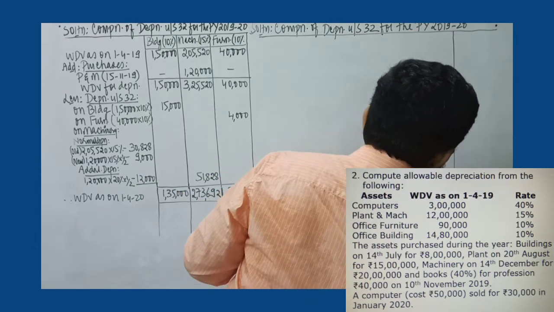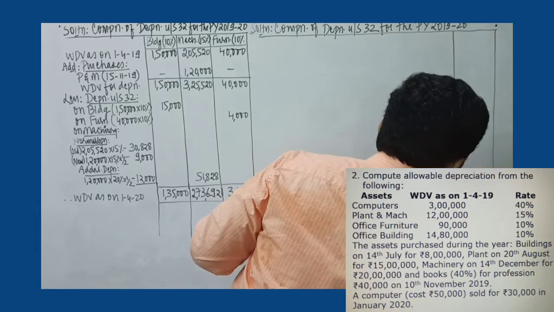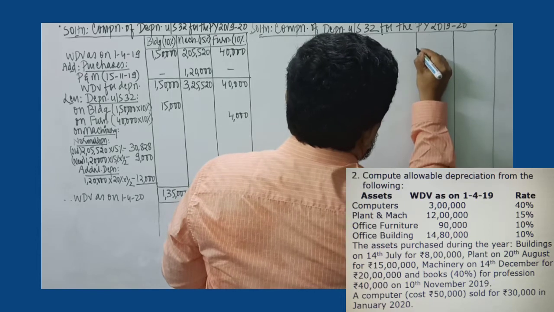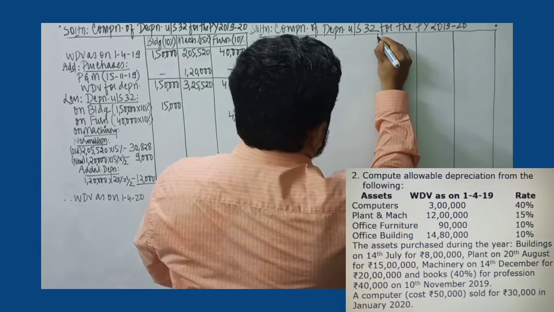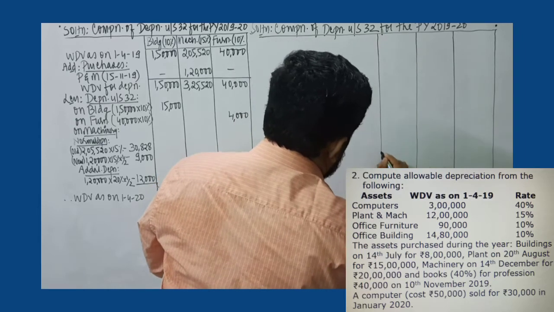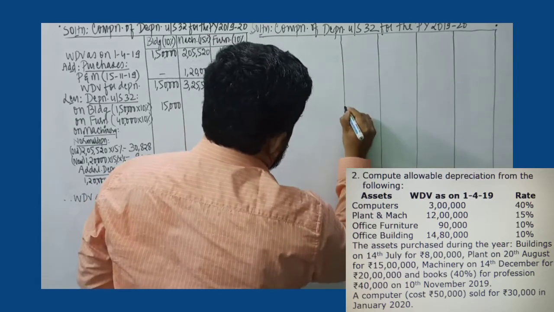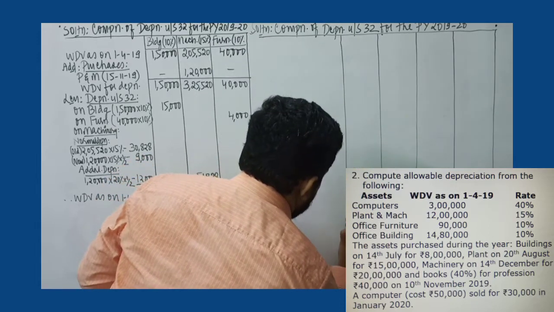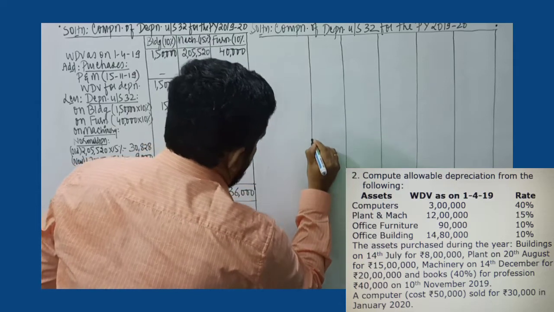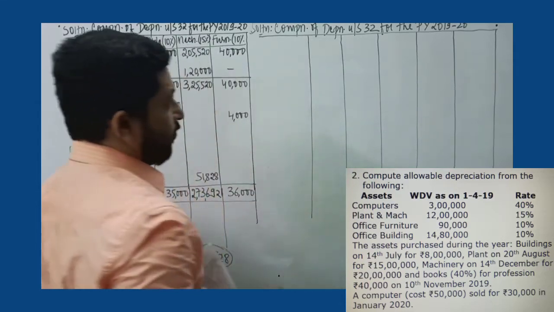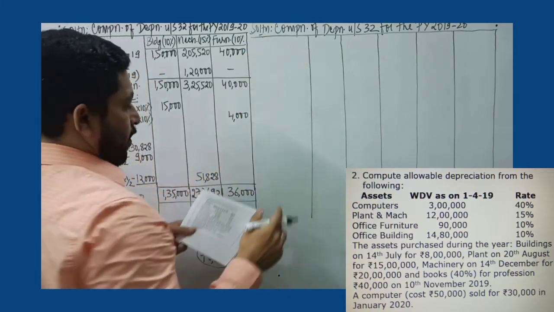I will prepare 5 amount columns, each column for a particular block of asset. So this would be the second column, the third column, the fourth column, and the fifth column. So 5 amount columns we will have to prepare here.